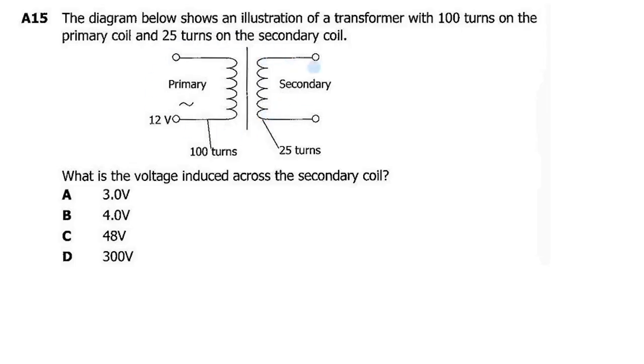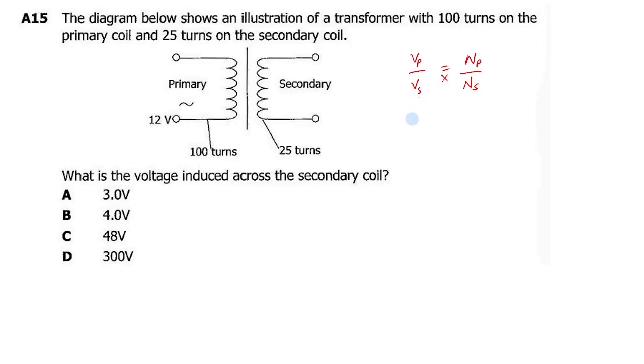You have seen this is the circuit symbol for a transformer, so you must also remember this. I told you the formula is voltage in the primary over voltage in the secondary equals number of turns in the primary over number of turns in the secondary. What they are looking for is the voltage induced in the secondary, which is Vs. So you cross multiply to make it the subject of the formula.